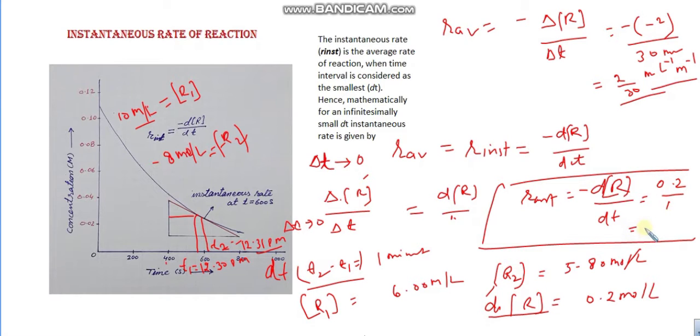So this is 0.2 mole per liter per minute. So this is the instantaneous rate. We can find it out in this way.